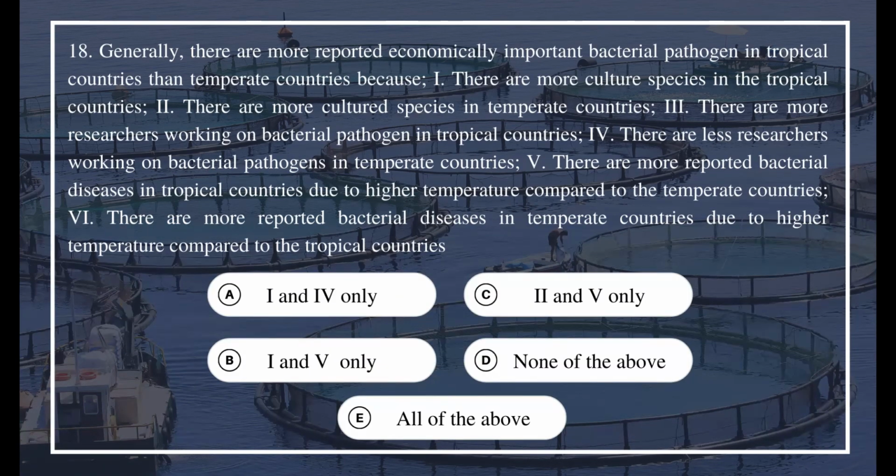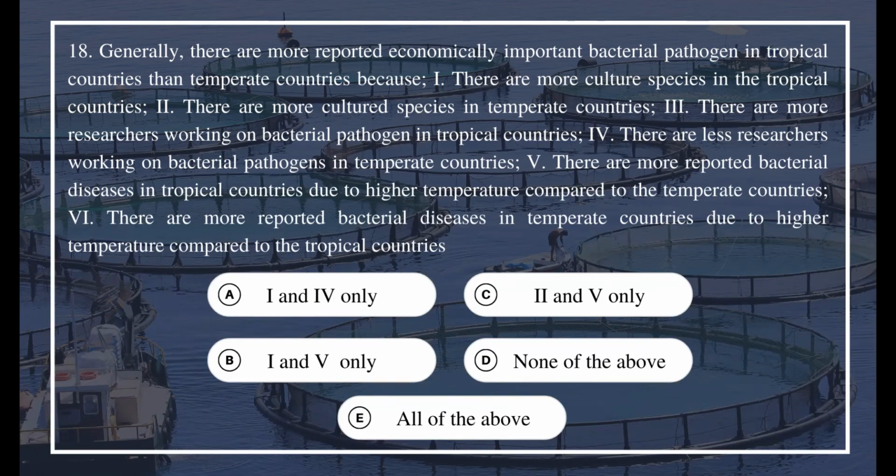18. Generally, there are more reported economically important bacterial pathogens in tropical countries than temperate countries because: 1. There are more cultured species in the tropical countries. 2. There are more cultured species in temperate countries. 3. There are more researchers working on bacterial pathogens in tropical countries. 4. There are fewer researchers working on bacterial pathogens in temperate countries. 5.